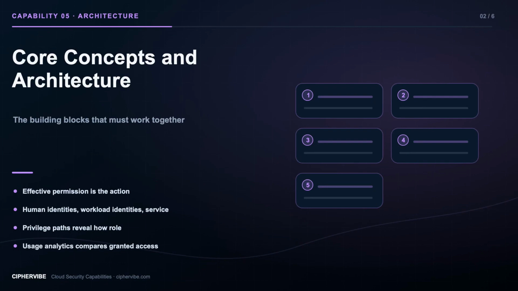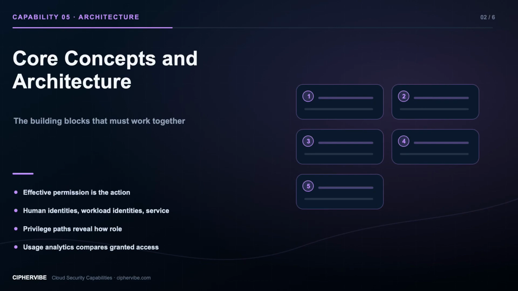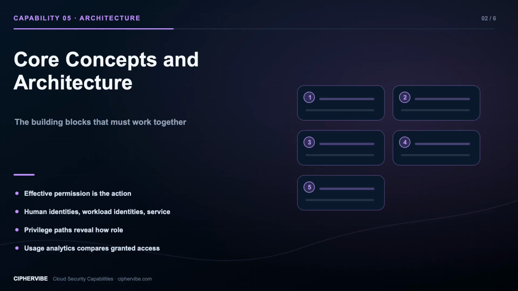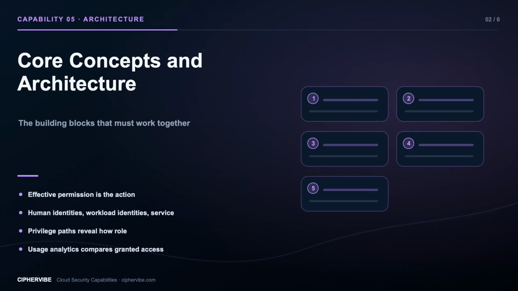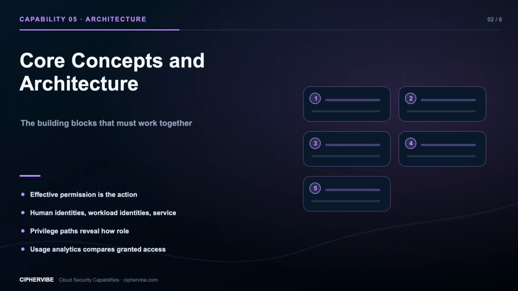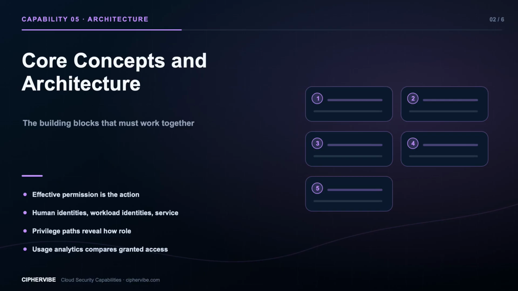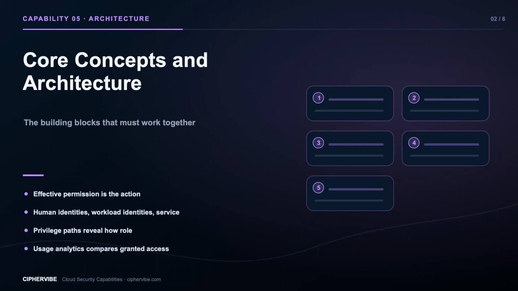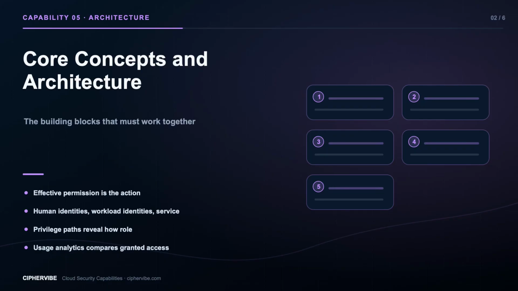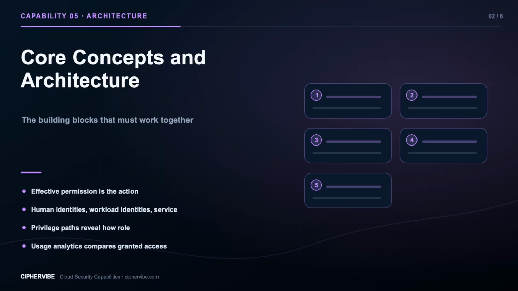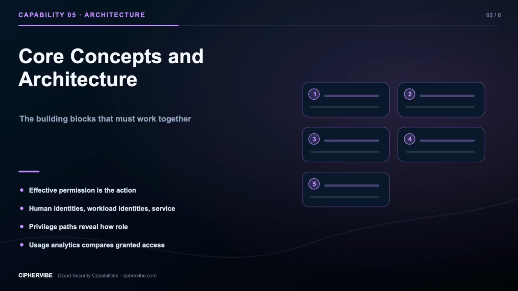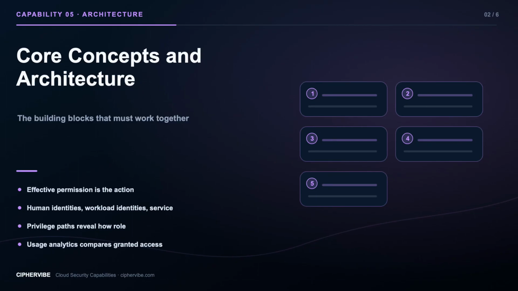The capability should create a traceable chain from source evidence to a security decision and then to an accountable action. First, effective permission is the action an identity can actually perform after all grants, denies, boundaries, and conditions are resolved. Second, human identities, workload identities, service accounts, federated roles, and external principals require different governance patterns.